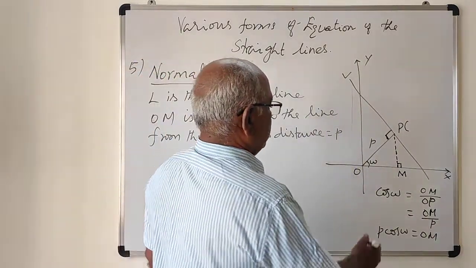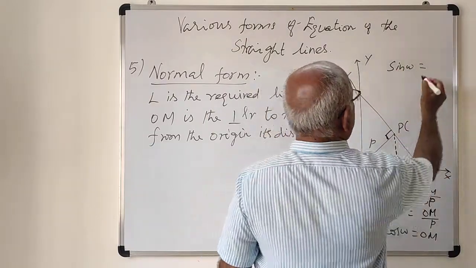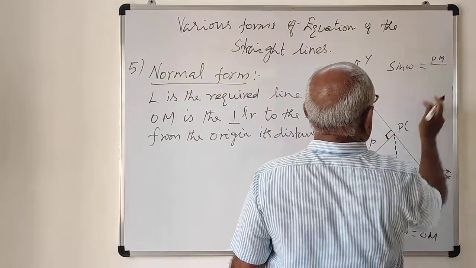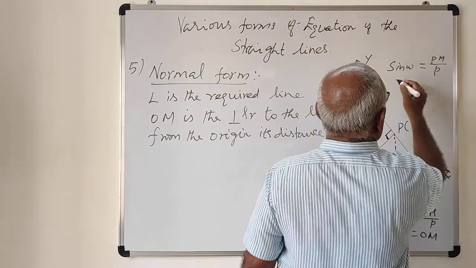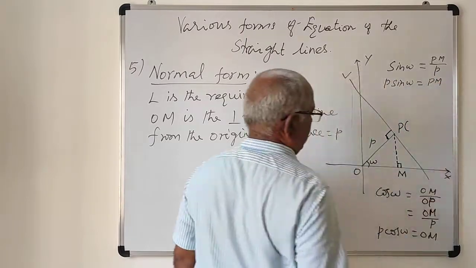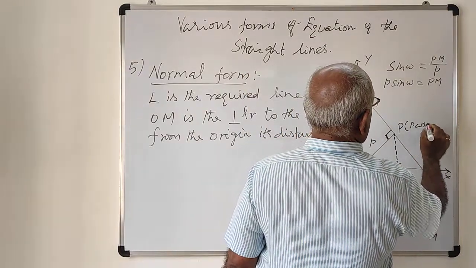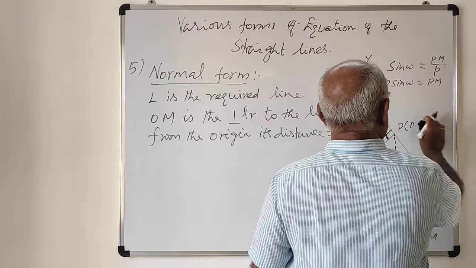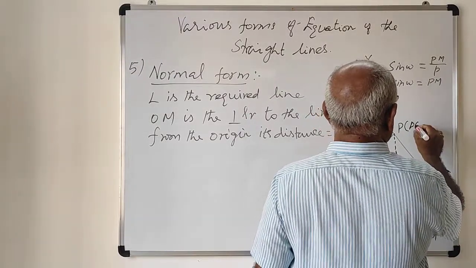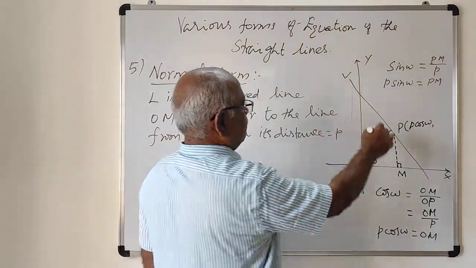Similarly, sin omega in the triangle is opposite by hypotenuse, PM by p, so cross multiplication gives p sin omega equal to PM. Therefore, the x coordinate is p cos omega and the y coordinate is p sin omega.